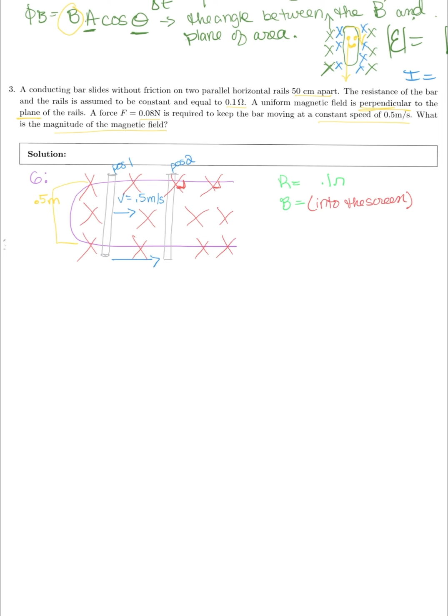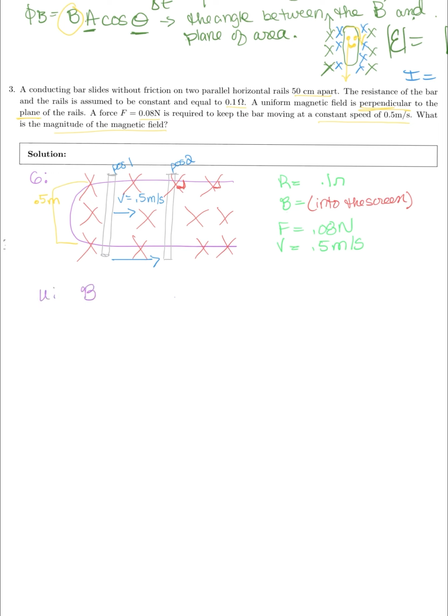And then we're given that a force of 0.08 newtons is required to keep the bar moving at a constant speed of 0.5 meters per second. All right, so what don't we know?